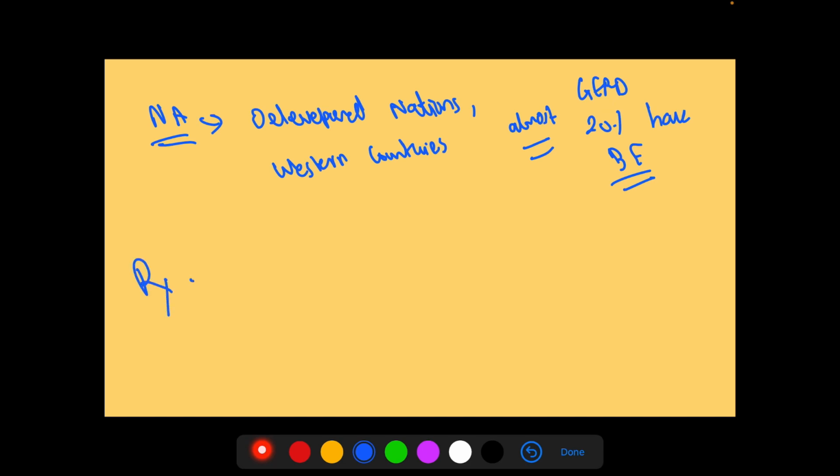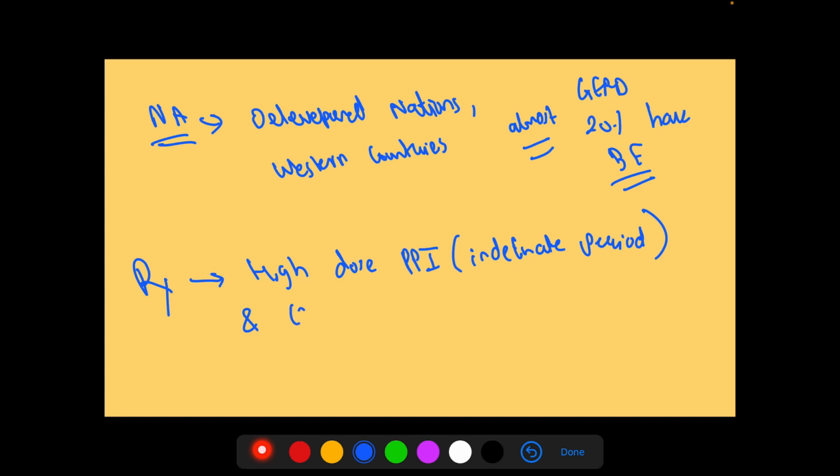For treatment, we give a high dose of PPIs for an indefinite period and carry out upper GI endoscopy every 2 to 3 months.